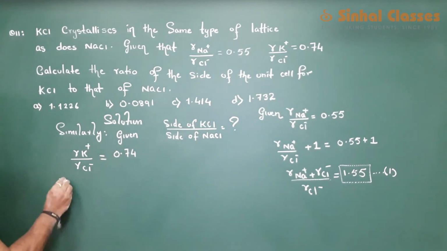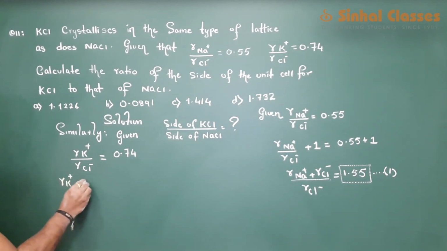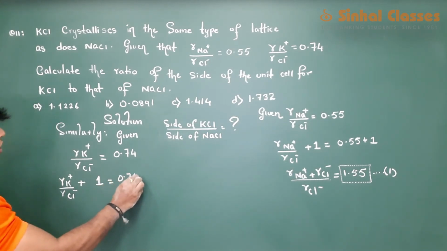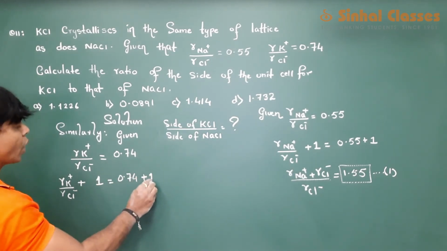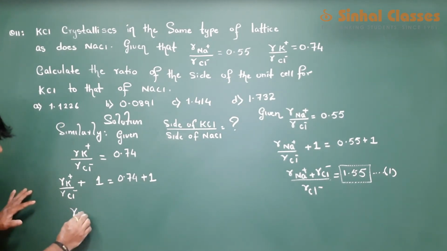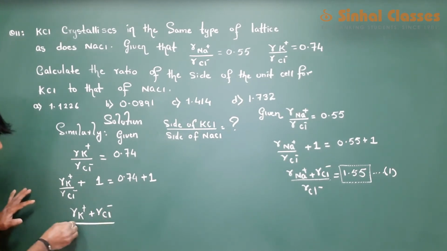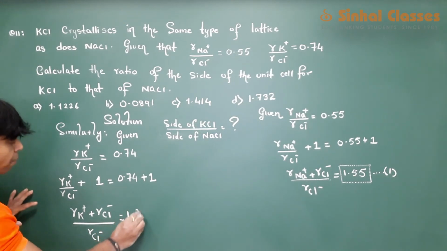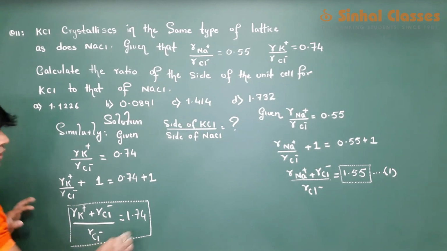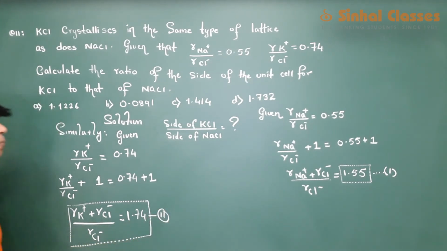Add 1 on both the sides, so R K plus plus R Cl minus upon R Cl minus is 0.74 plus 1, which is 1.74. Now this is equation 2.